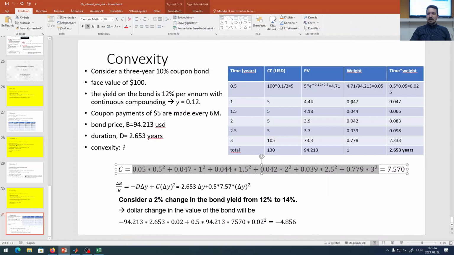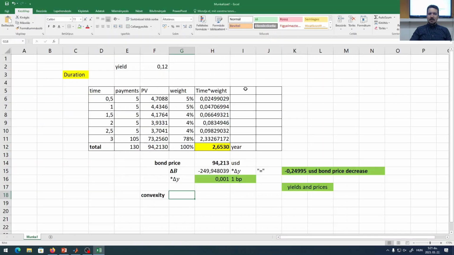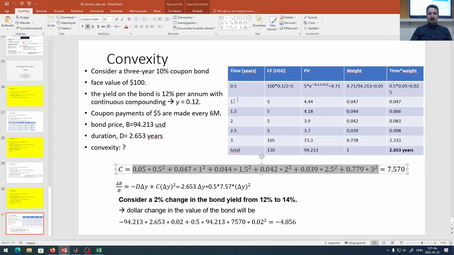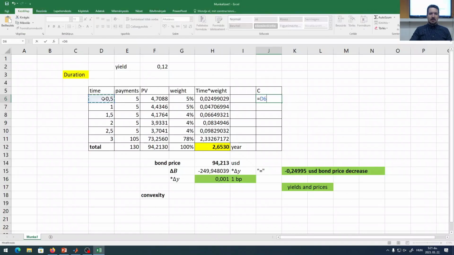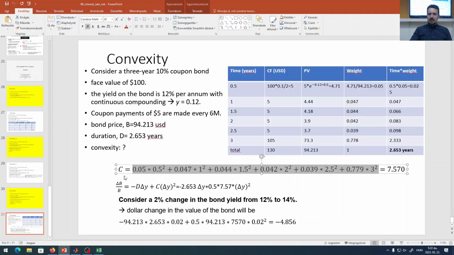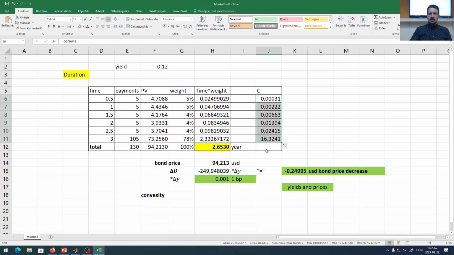So yeah, time is here and payments are already in the weights. So practically we need a C. And after that, this one multiplies this thing on squares. And after that we have to sum this up.